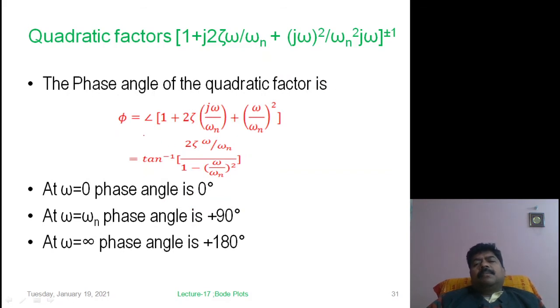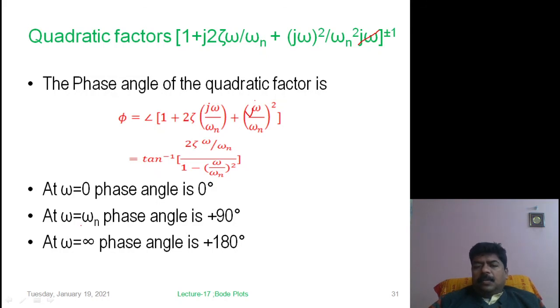While the phase angle for this factor will be tan inverse of twice zeta omega by omega n over 1 minus omega by omega n whole square. So at omega equal to 0, this contributes 0 degrees.